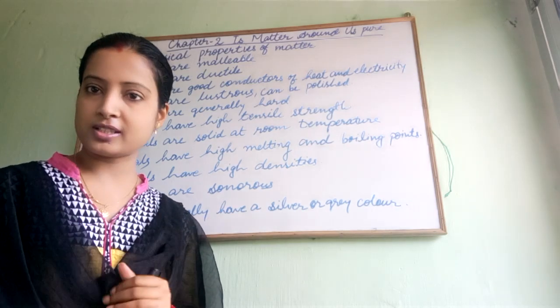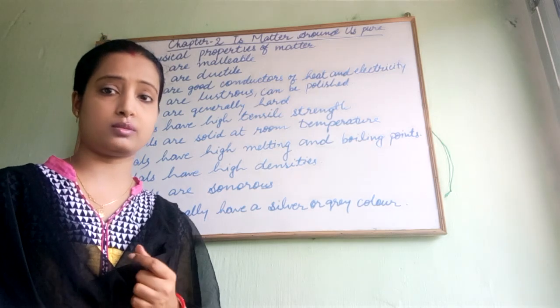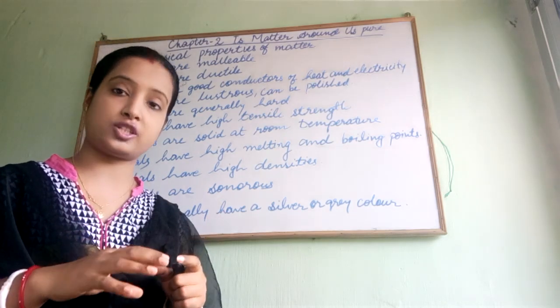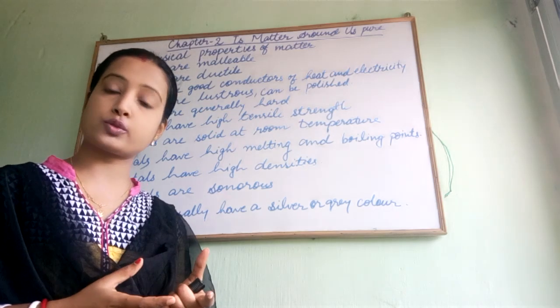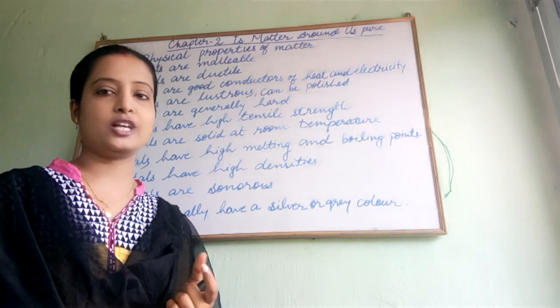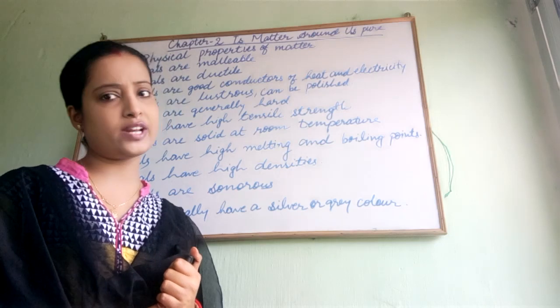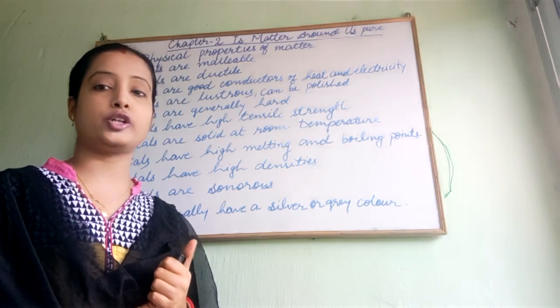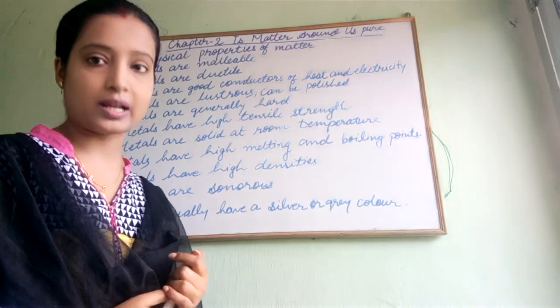As you have already seen, maybe the silver foil on sweets for decoration, or the aluminium foil used for wrapping biscuits or other food materials. So malleability means the ability of a metal or any element to be drawn into thin sheets, and all metals are malleable.